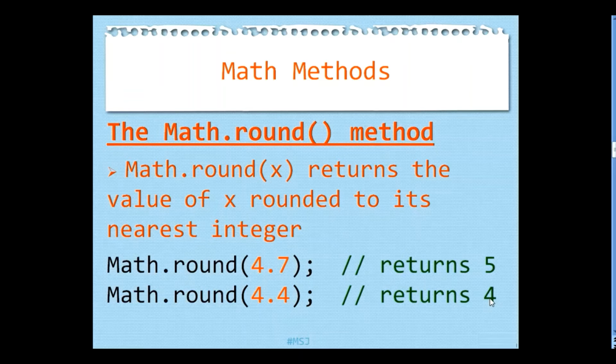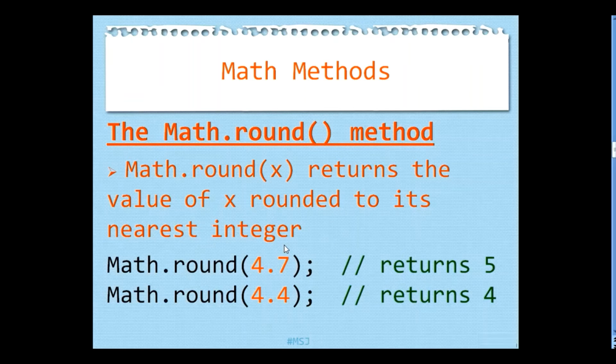If this value is greater than or equal to 4.5, then the nearest integer will be 5. If it is less than 4.5, like 4.4, then it returns 4. We can also give negative numbers here, and even in that case it rounds to its nearest integer.